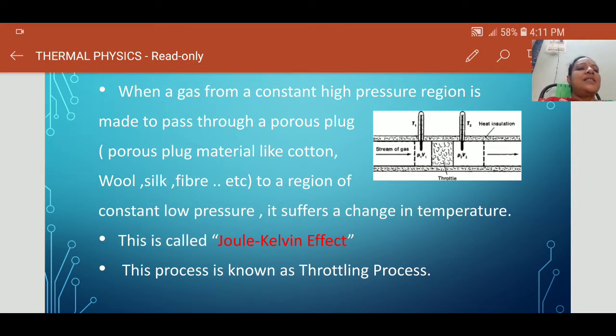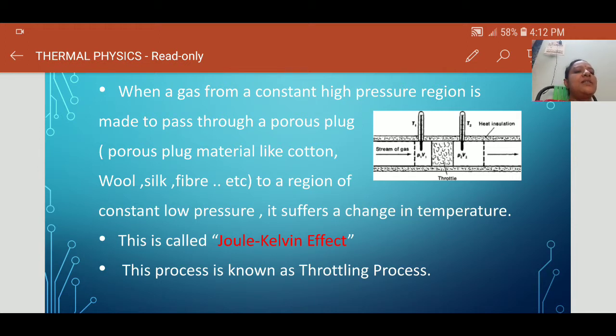When the stream of gas is allowed to pass through this porous plug, it is passing from high pressure region to low pressure region. When it passes from high pressure region to low pressure region, it suffers a change in its temperature. This is known as the Joule Kelvin effect, or sometimes also known as a throttling process.